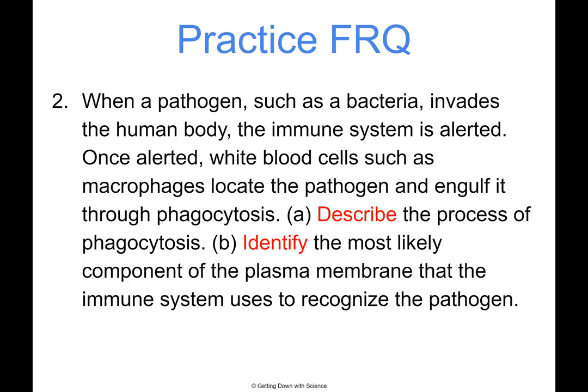Okay. And then B, identify the most likely component of the plasma membrane that the immune system uses to recognize the pathogen. So think about what would happen with the plasma membrane so it knows, oh, this is what I need to take in, because we don't want to just take in or phagocytose the wrong particles. So what do you think we might use to make this possible?